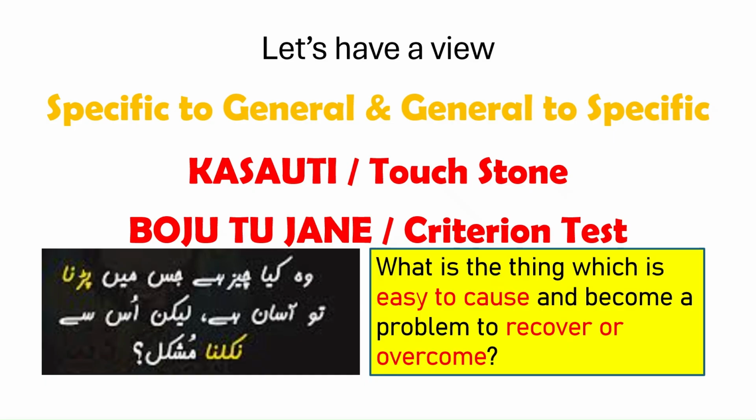Whenever they start questioning, they start with general questions, and by the time they get answers, they become specific and go to the particular point, and guess the personality or the event. This is known as Bujho To Jane in Hindi or Urdu. But in English, it is a game through which we learn general to specific or specific to general.